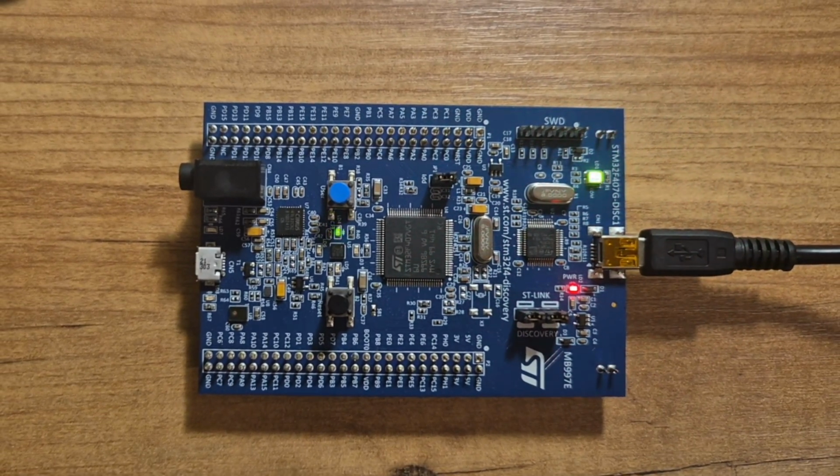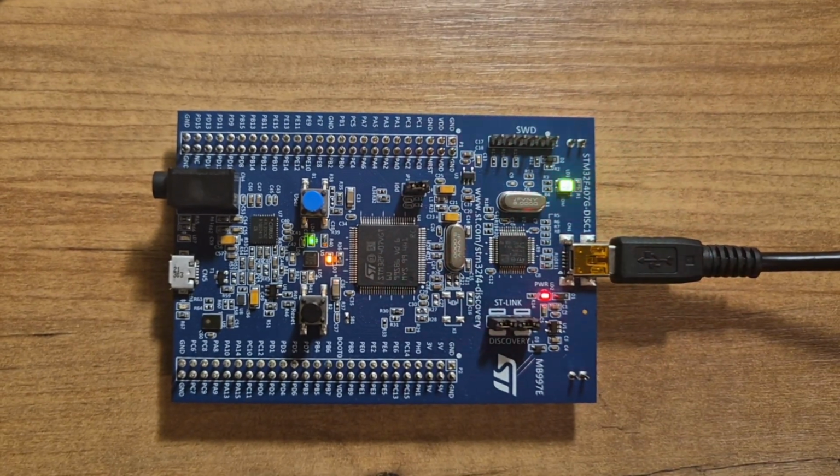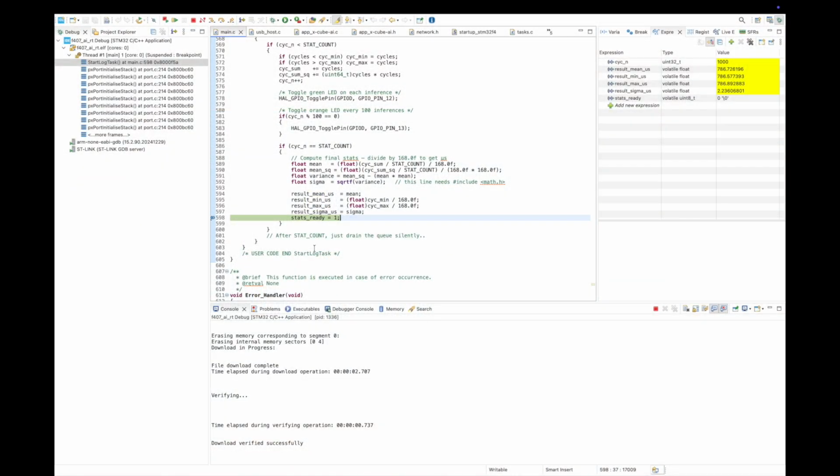Real activity data are going in, real inferences are running, real measurements are coming out right now. I set a breakpoint that fires once the 1,000 measurements are done. The board runs for about 100 seconds, one inference every 100 milliseconds, and then it stops.